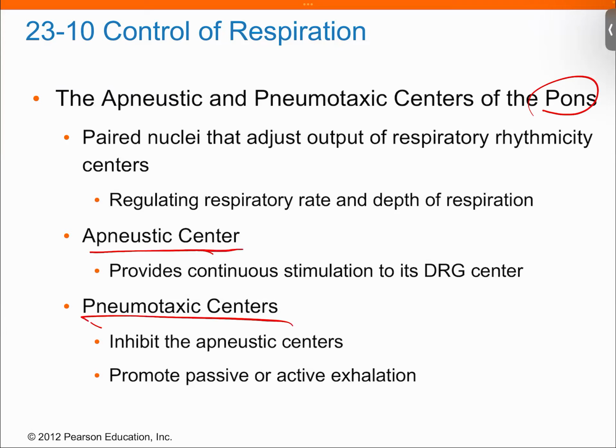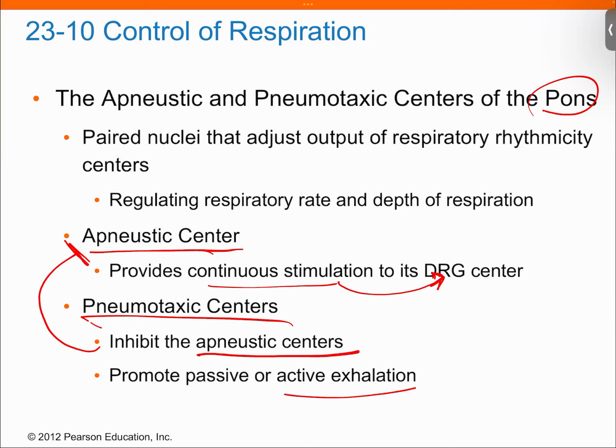So the apneustic center provides continuous stimulation of the DRG center. So this is the stimulator of the DRG. The pneumotaxic center is designed to inhibit the apneustic center. So it's a braking system for the apneustic center.